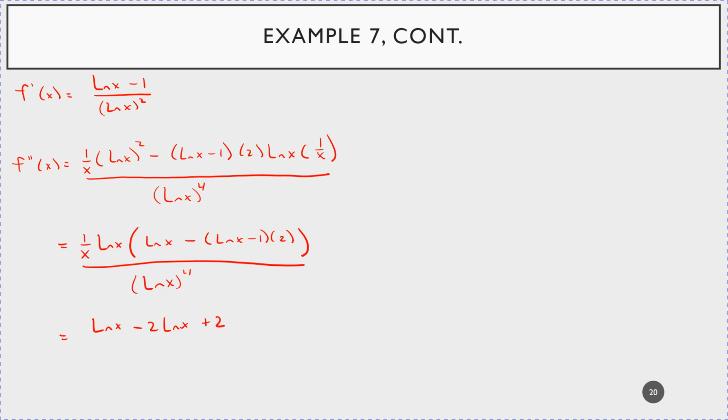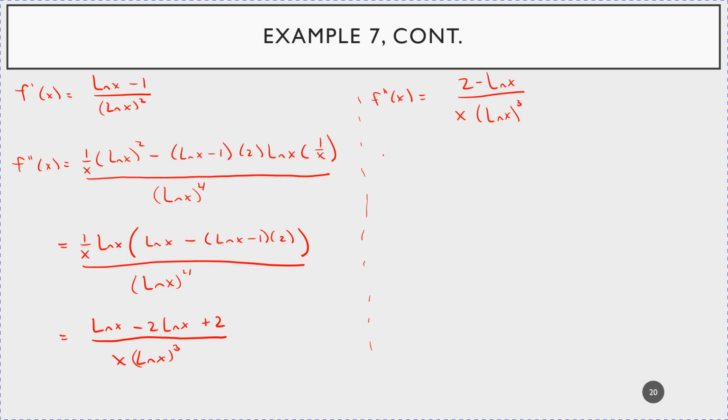So plus 2, all over x ln of x cubed, because this one canceled with one of them here. Then I'm just going to clean this up. ln of x minus 2 ln of x ends up being just 2 minus ln of x, all over x ln of x cubed.